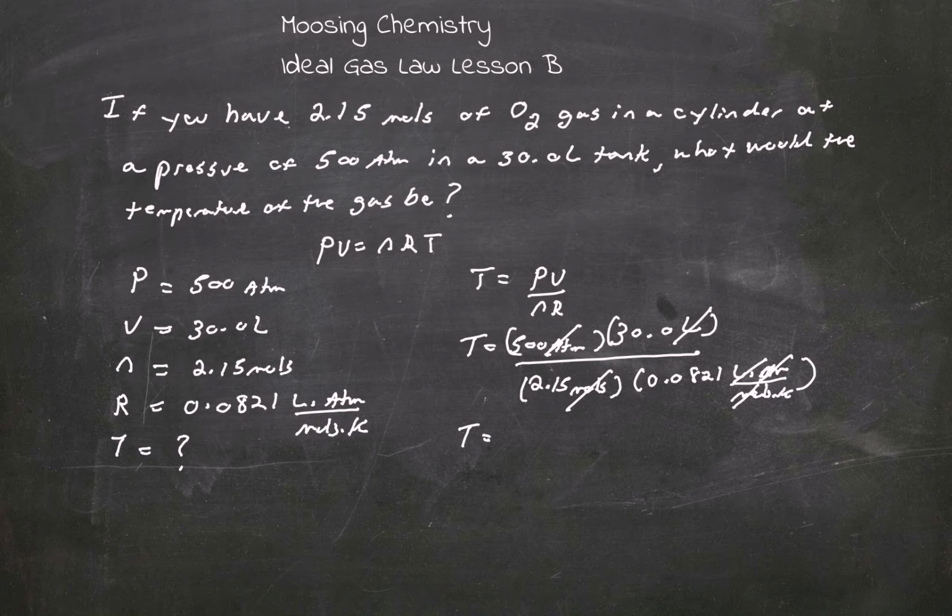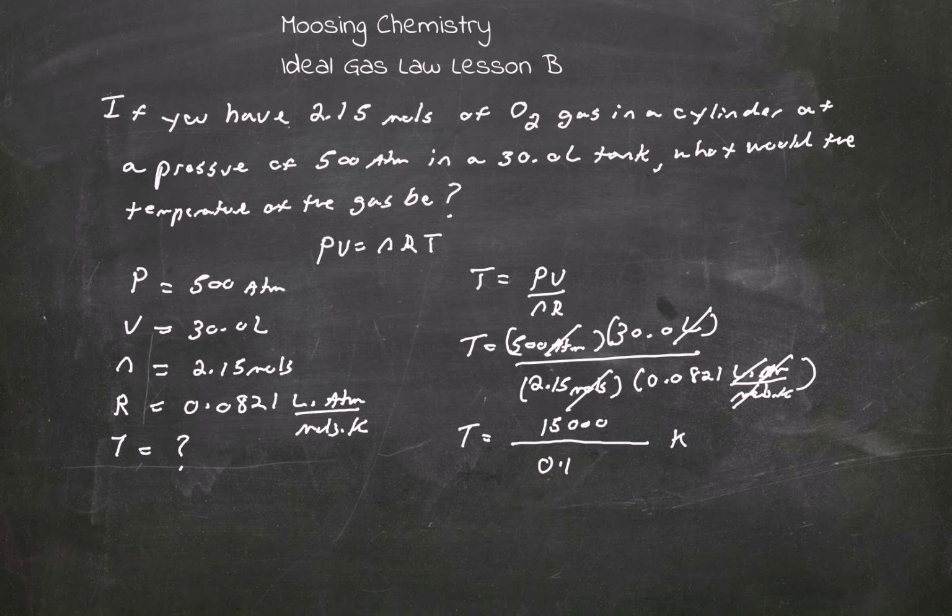So we'll take our handy dandy calculator, of course. 500 times 30.0. That gives me a pretty big number. That's like 15,000. And again, we're looking at K here for temperature. And then on the bottom, we're going to take 2.15 times 0.0821. That's going to be 0.17.